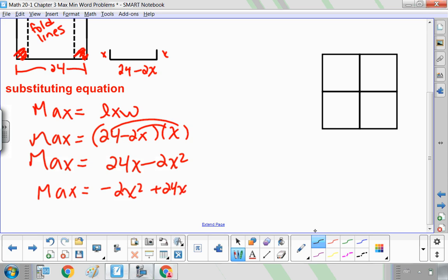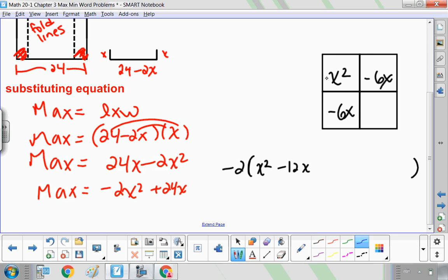Before I can complete the square, we need to factor the negative 2 out. So I have negative 2x squared divided by negative 2, which is just x squared. 24x divided by negative 2 is negative 12x, and then close my bracket. Using my grid here, I take x squared, I take negative 12x, and divide it into two equal pieces.